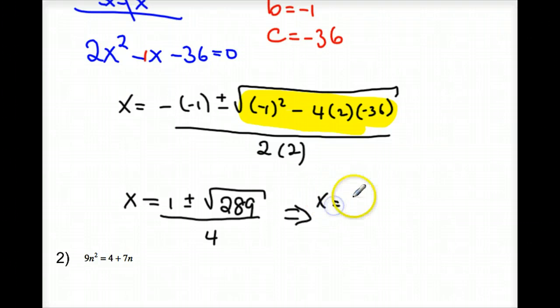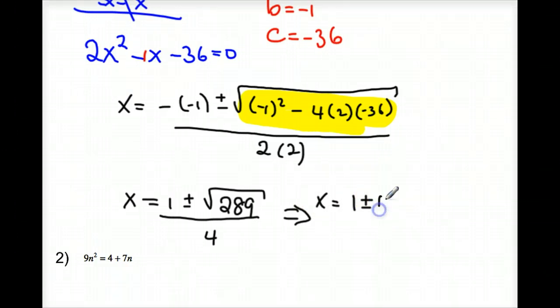This will lead me to x is equal to 1 plus or minus the square root of 289, plus or minus 17 over 4. Now that you have this, remember we just need to get our two answers.